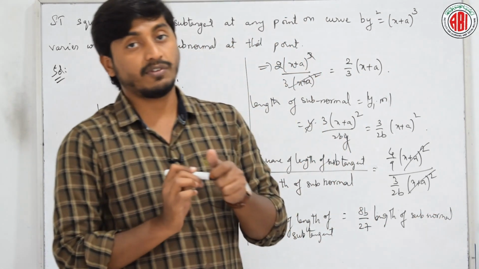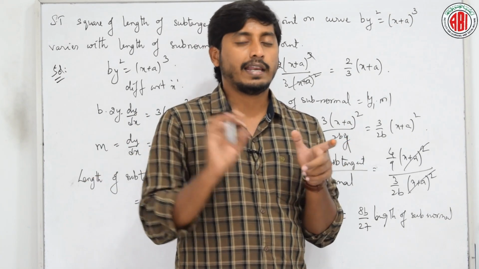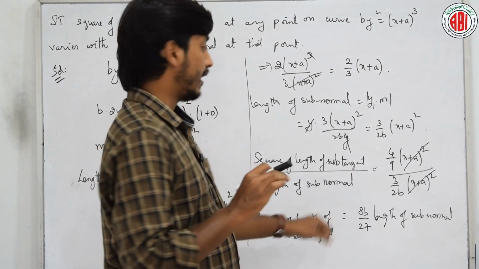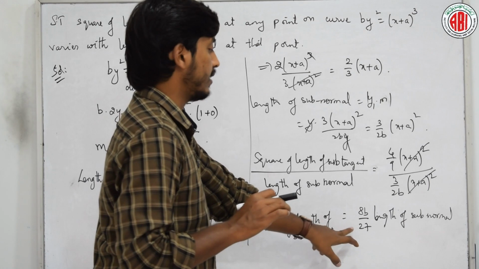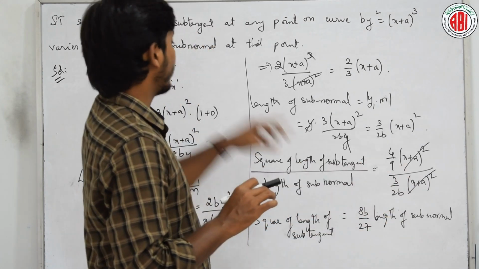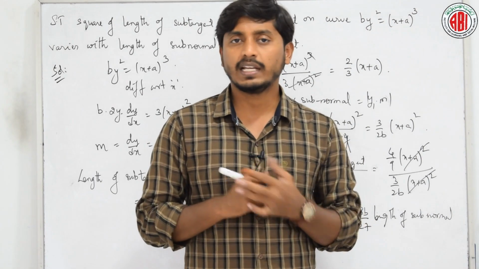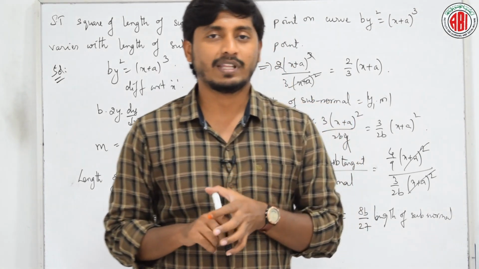In physics we used to learn if A is proportional to B, if I remove proportional I will get a constant there. Similarly here there is a constant. So I can tell that the square of length of subtangent at any point is directly proportional to length of subnormal, that is called as variation. Clear? As this varies, this also varies. Clear? Shall we go to the next problem?